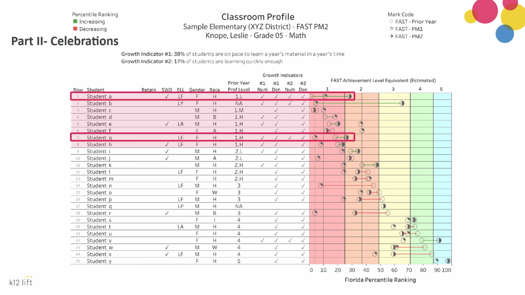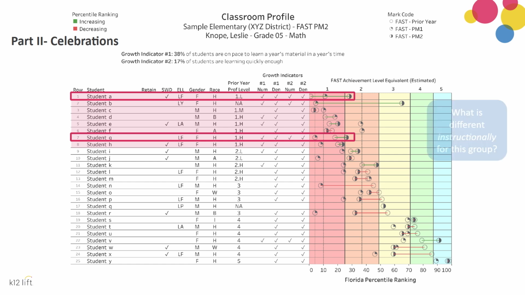Why did I not choose student B? Because the line is long. They didn't have PM3 data from the prior year, so that person is not skewing the data. A and G could be a little bit, but it's still worthy of celebration, wouldn't you say? We have a lot of students who are meeting those growth indicators.